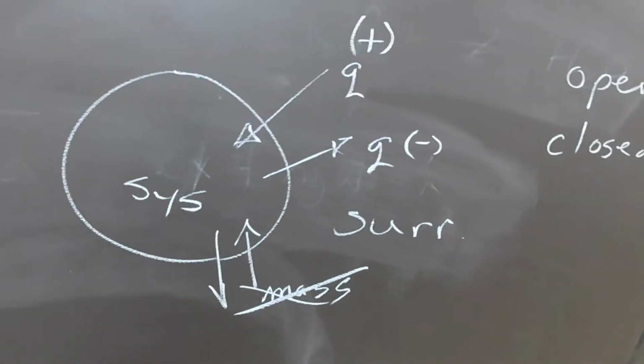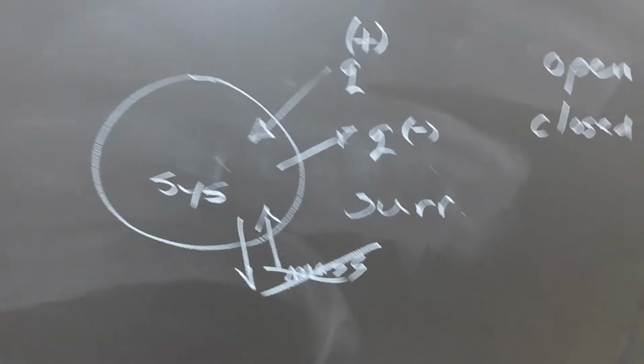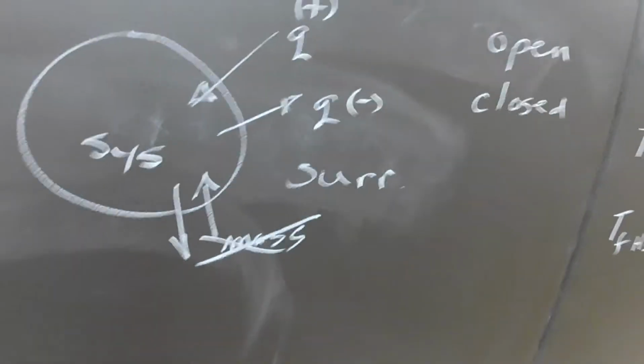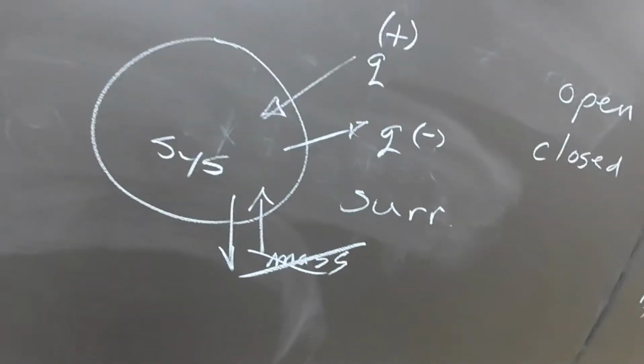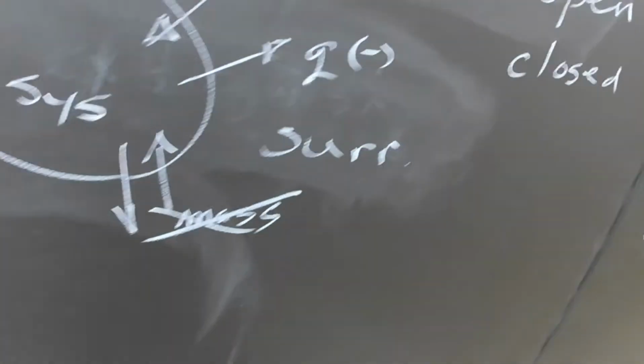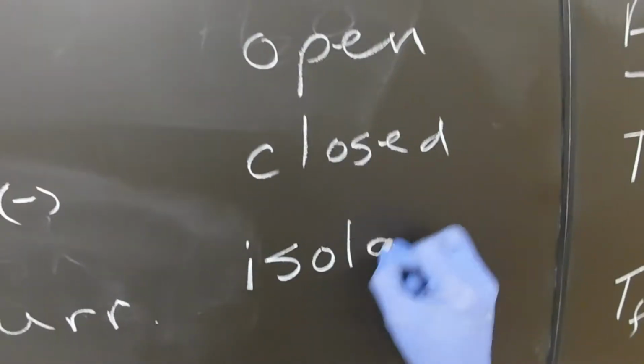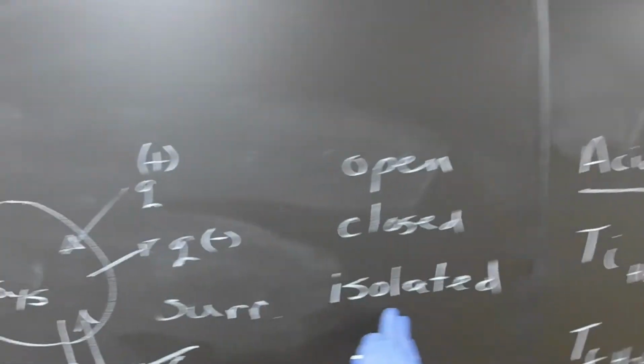All right? And you'll see this type of system in automobile engines, where the heat transfer is essential for the operation of the engine. What we're using with our calorimeter is an isolated system.